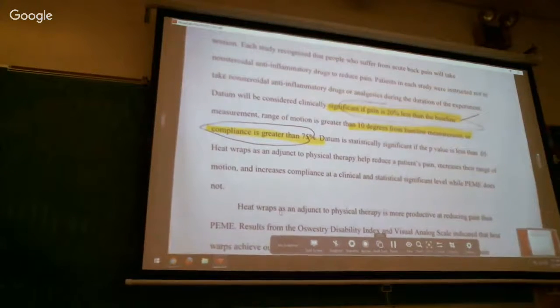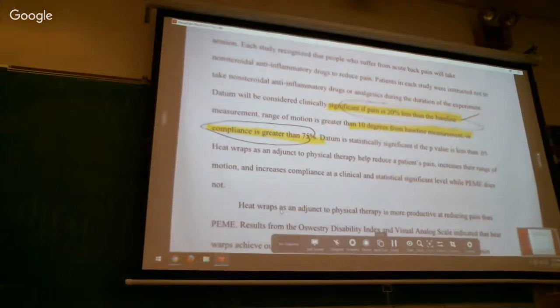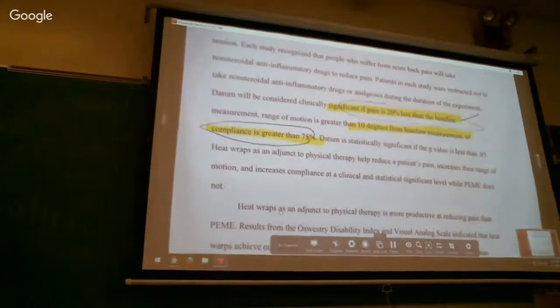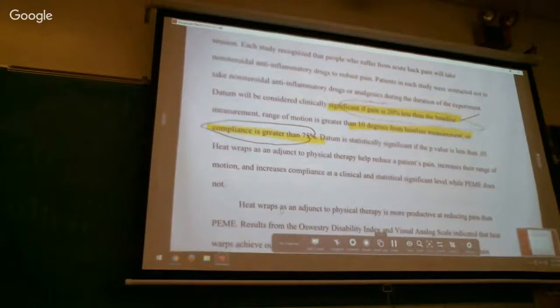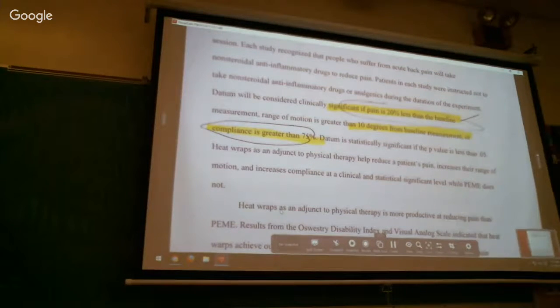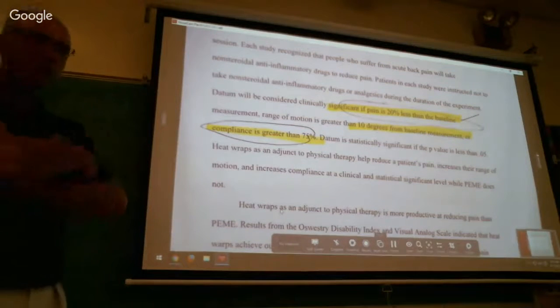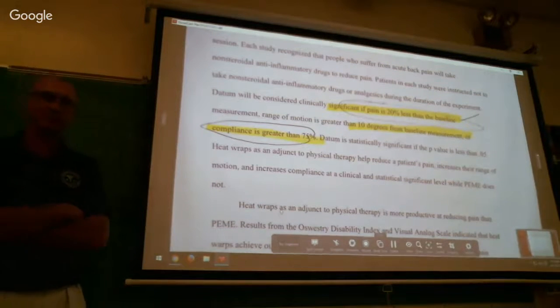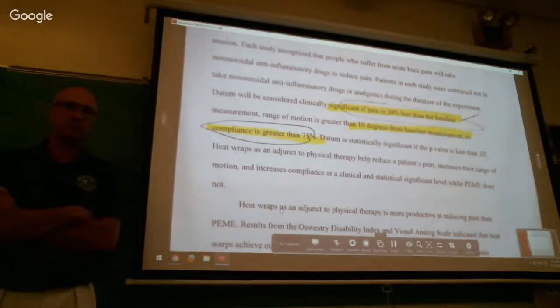Well, the PEM, the way the study worked, you wore it, because the entire group had to wear it for a week. One was a placebo, the other one was active. You can't tell if it's on because it's not like a shock you feel. So you can't differentiate whether or not it's actually working.